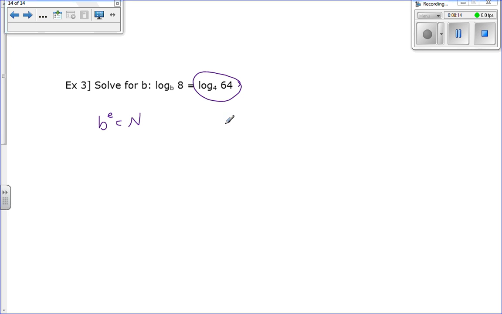Okay, so b in this case is 4. E, we don't know. N is 64.